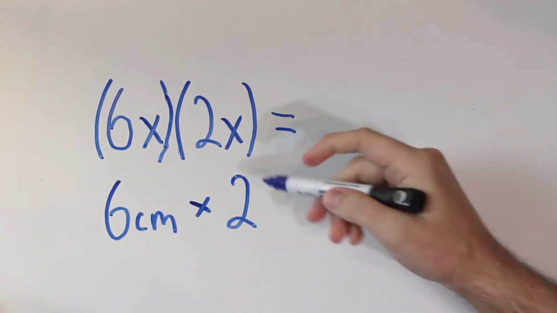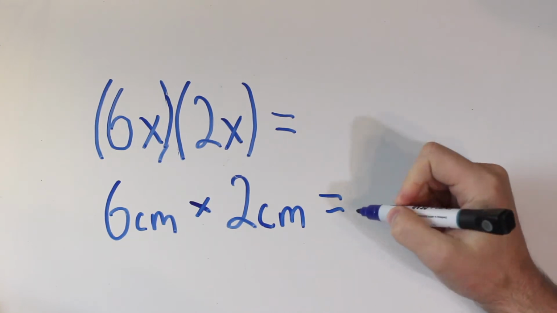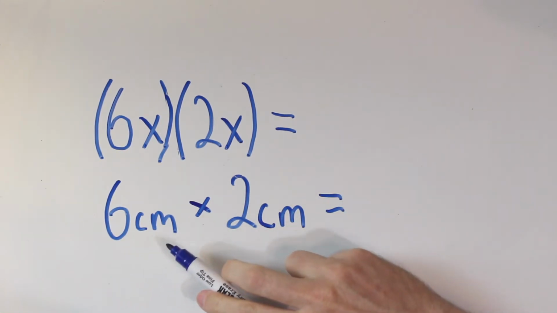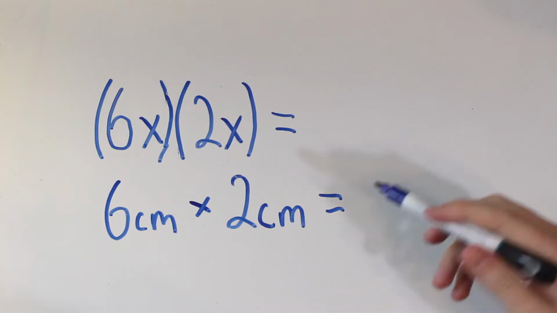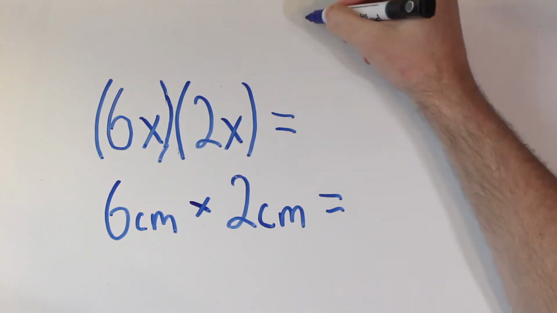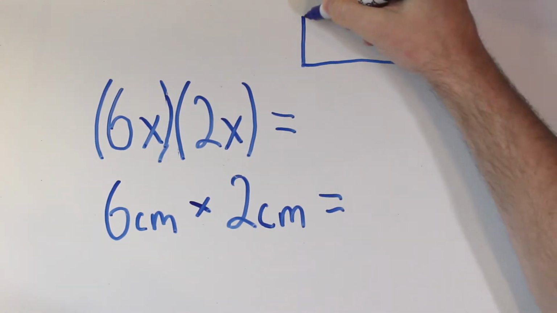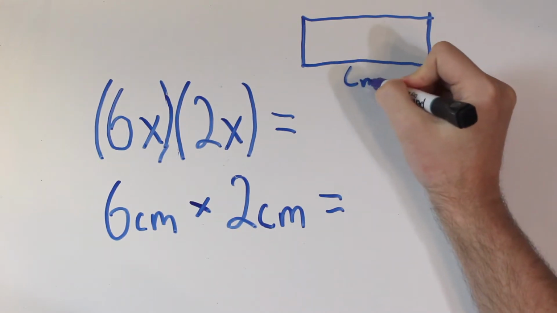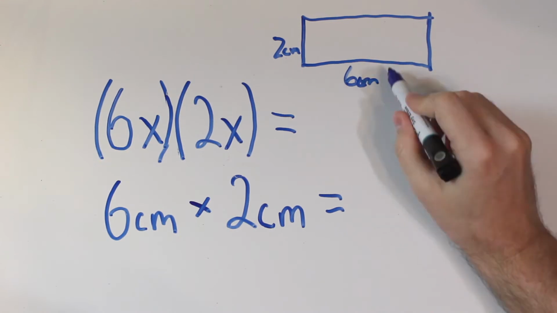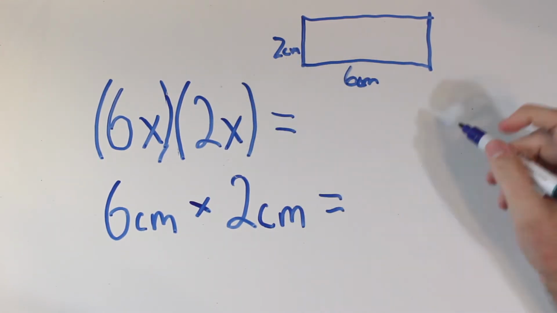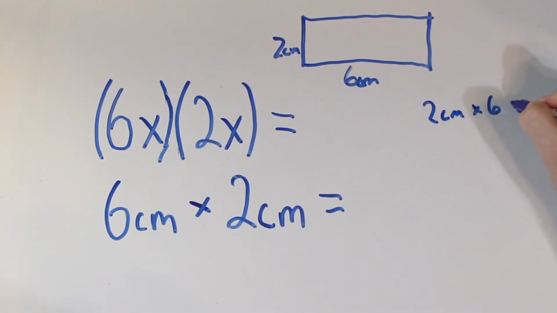2 centimeters. Can you think of anything that is measured 6 centimeters by 2 centimeters? How about a rectangle that is 6 centimeters long and 2 centimeters wide? To find the area of this rectangle, you'd multiply the 6 centimeters by the 2 centimeters. And what's the result?